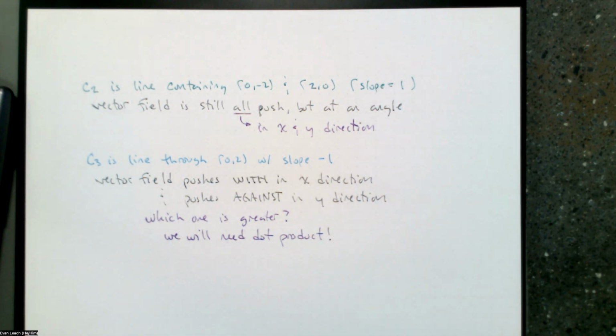Remember, the mechanism here is how much these vectors are interacting. To analyze that, we're going to need the dot product.